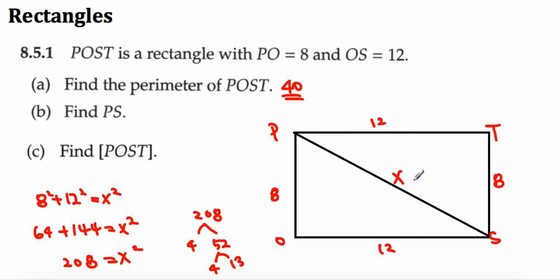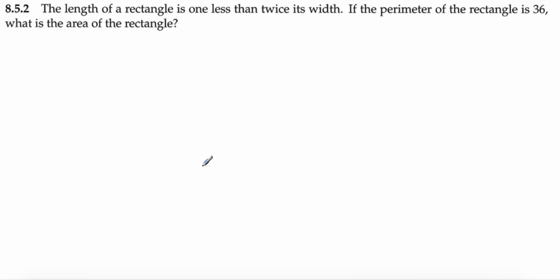So then the value of x, which is PS, is equal to 4 square root of 13. Find the area of POST, which is area, so 8 times 12, which is equal to 96 becomes the answer. All right.